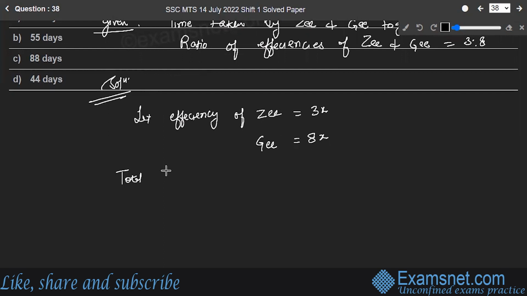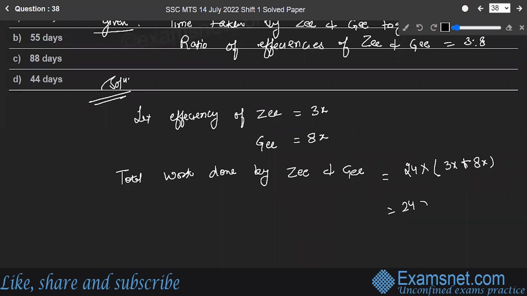Therefore, total work done by Z and G is equal to the number of days into their efficiency, 24 into 3x plus 8x. So this is equal to 24 into 11x, which is equal to 264x.